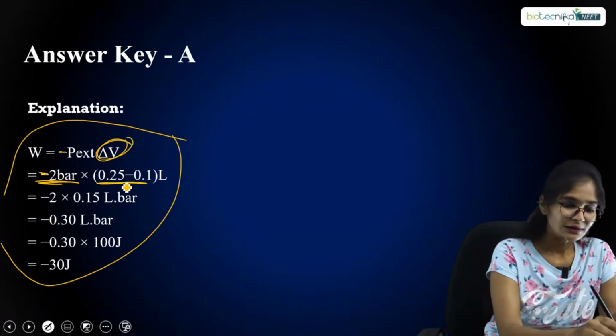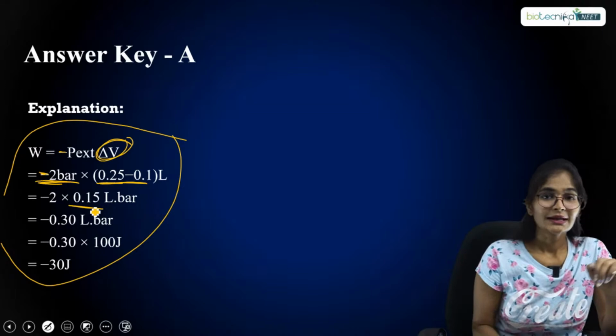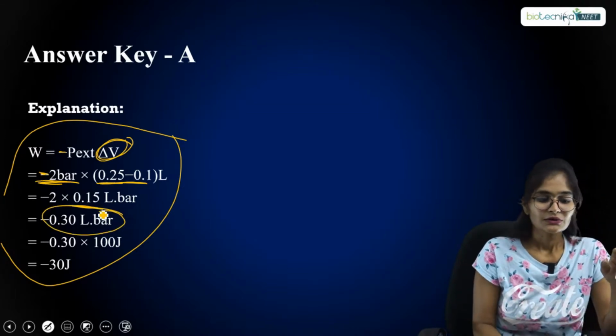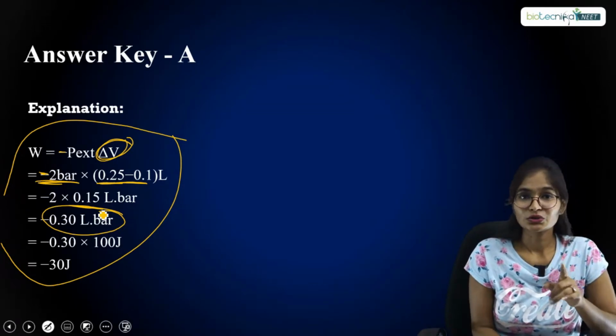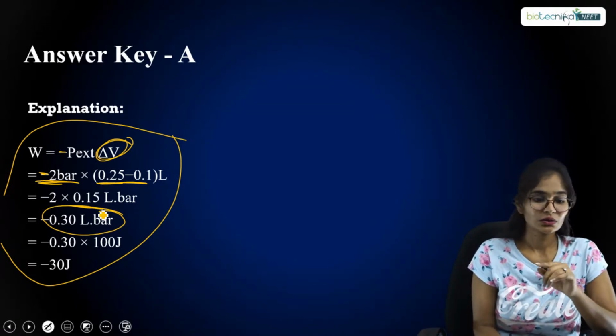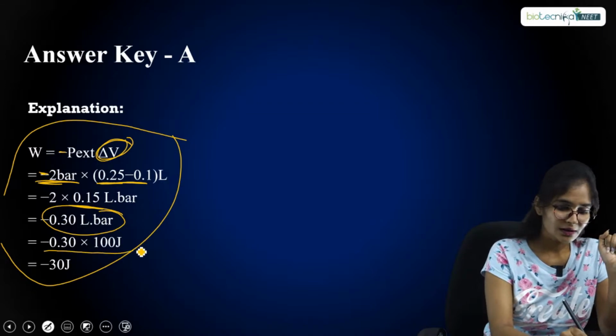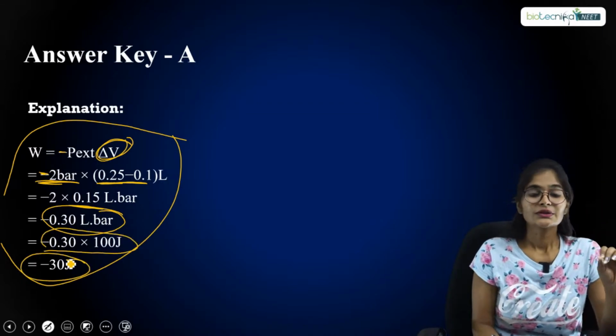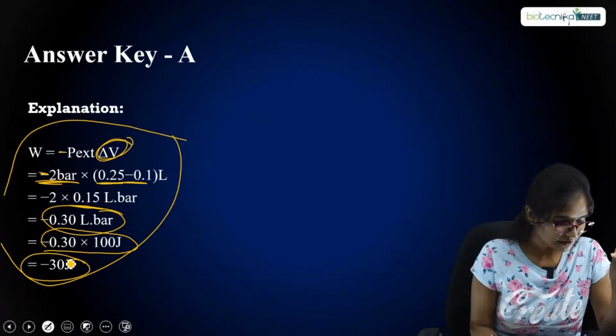If you solve this, you will get 0.15, and 0.15 into 2 gives 0.30 liter bar. Now you have to convert your answer into joule. So 0.3 into 100 joule gives minus 30 joule as the answer. This is the answer for this question.